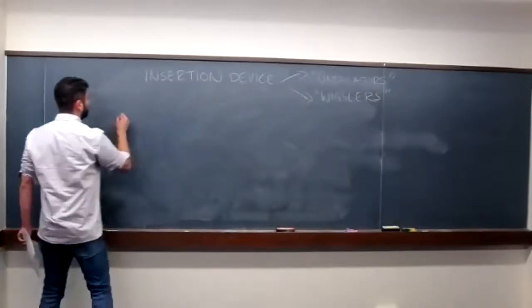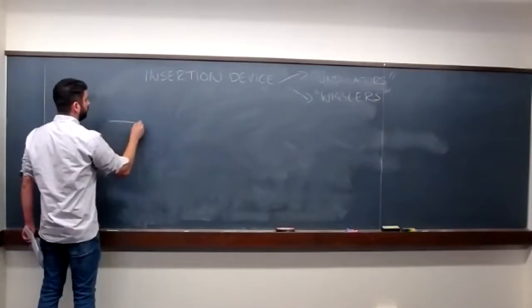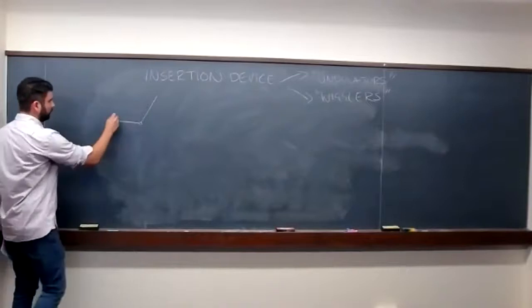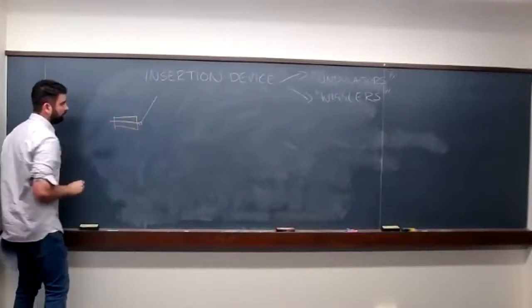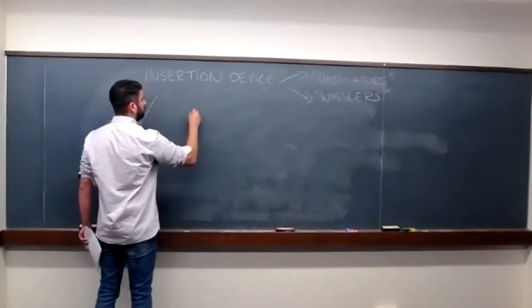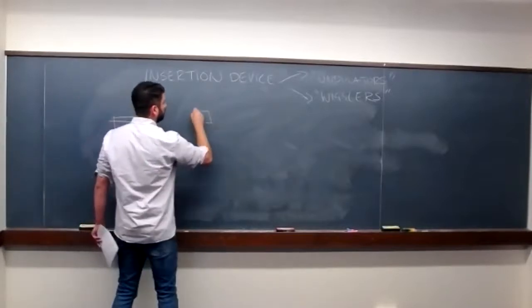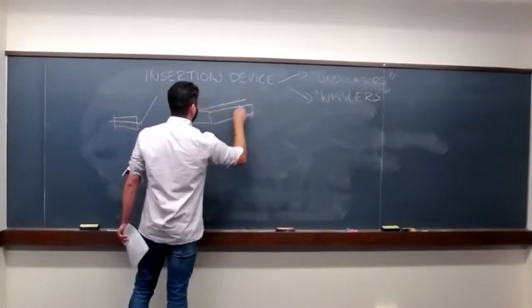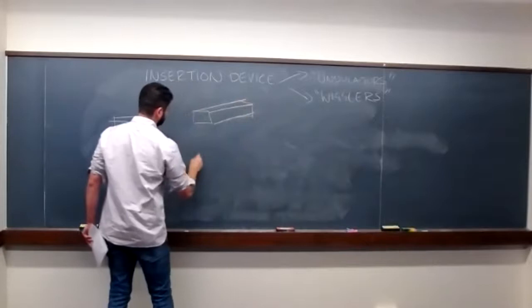I said that we've got straight sections, bend magnets, and turns. But we can also insert a device into the straight section, which is, let me see if I can draw this, just a tightly packed series of magnets in a line.